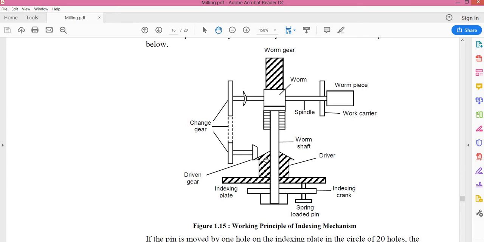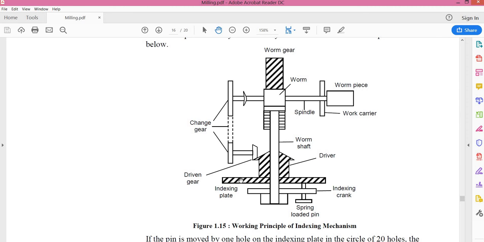Now this is the driving gear. Over here there are bevel gears connected with each other, and the change of gear is achieved by means of the worm gear and worm wheel, or worm shaft. As we all know, the combination of worm wheel and worm is used for speed reduction.